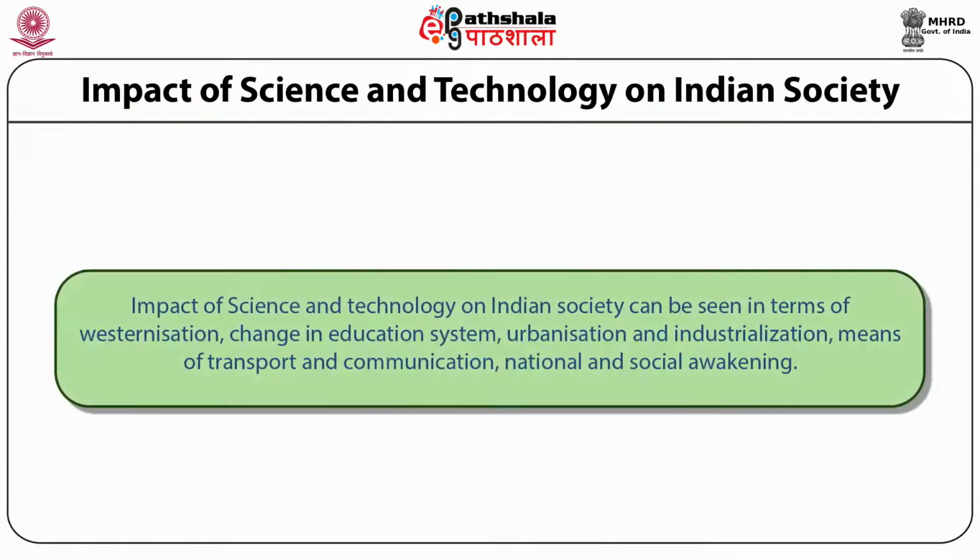The impact of science and technology on Indian society can be seen in terms of westernization, a change in the education system, and rapid growth of urbanization, where villages have become towns and towns are rapidly expanding into urban centers. This also led to a lot of industrialization, where the means of transport and communication networks have expanded. There is a surge of national awakening.